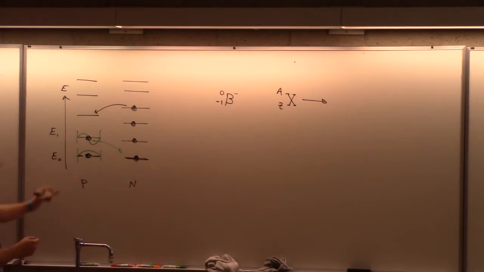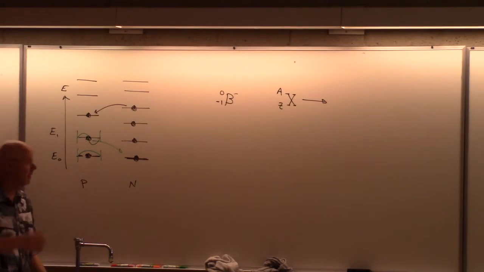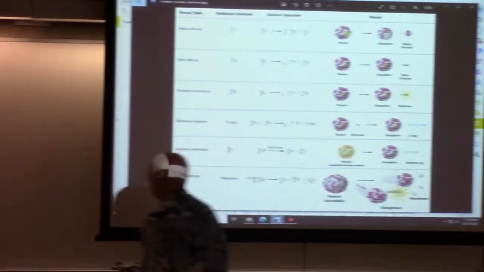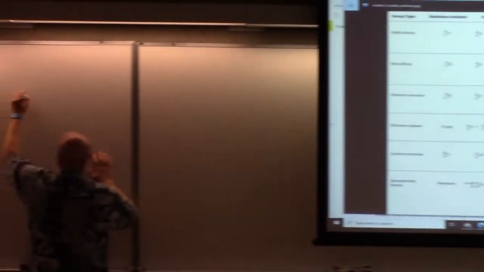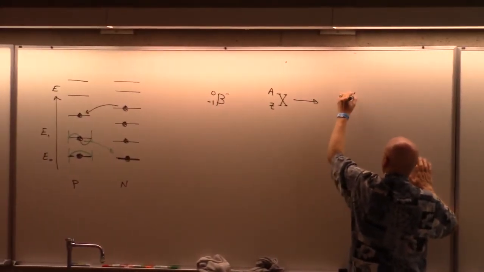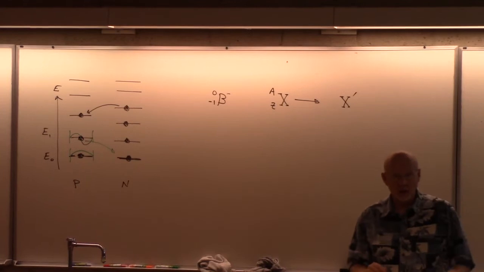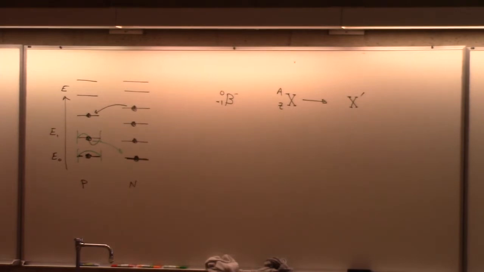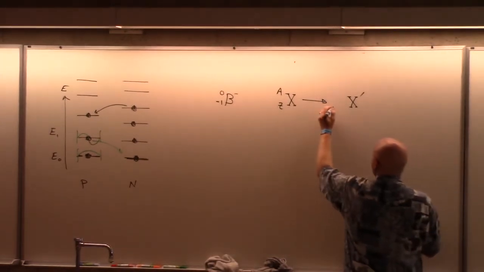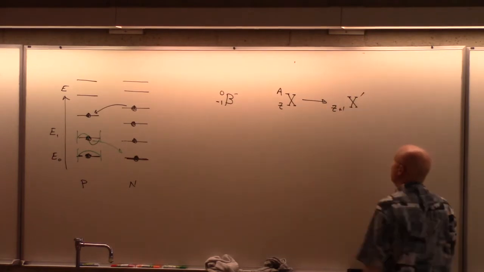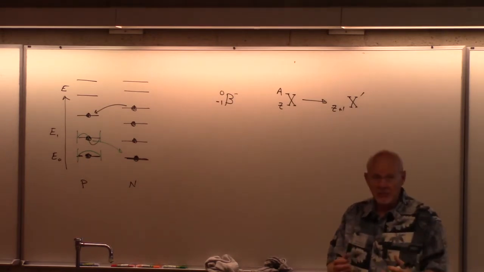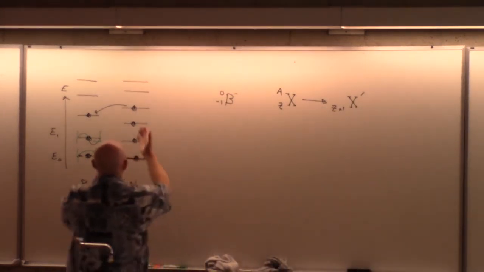we are then going to make a neutron now become a proton. But watch this. Then this new element, which I'm going to call X prime, to say, okay, I've become something new, is then going to have a charge or an atomic number of Z plus 1. It's going to increase by 1. Now, see, that's what happens when a neutron becomes a proton.